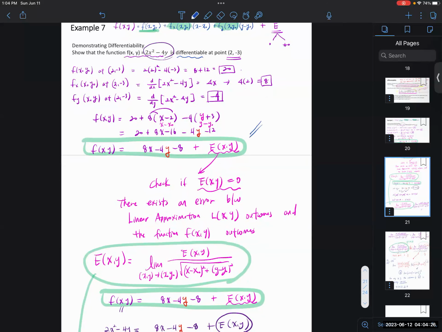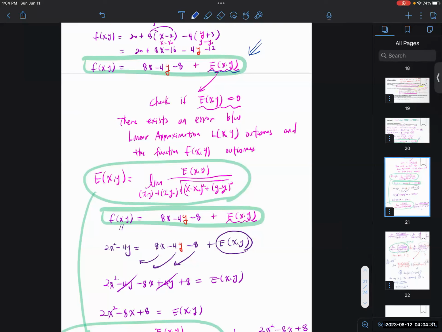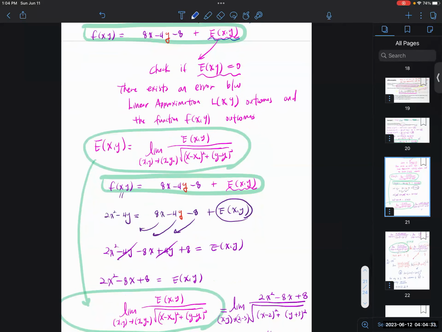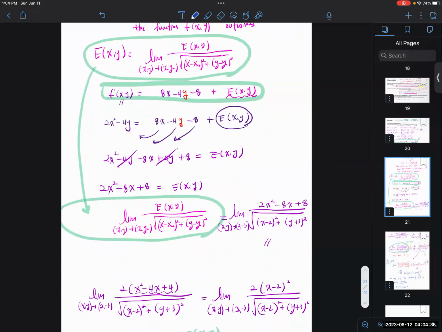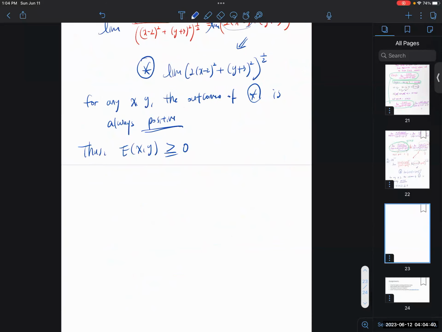We found the equation of the tangent plane, and then there is an error. We check that error by using that formula. We found out the error exists, but we are not sure it could be 0.